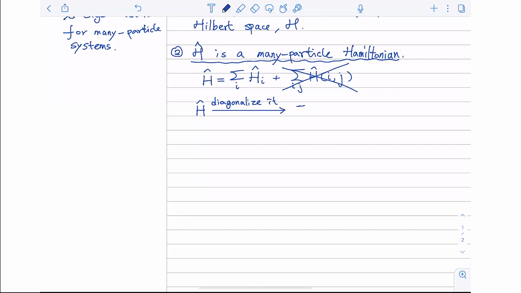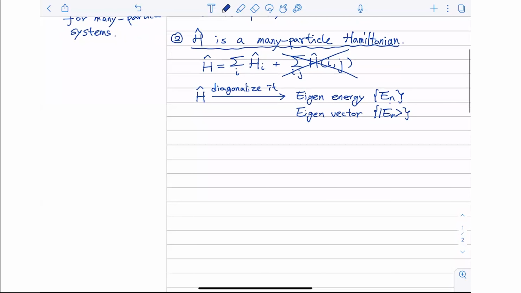One is the eigenenergy, E_n, and here n just labels the corresponding eigenenergy. And you will also get the eigenvector, basically the corresponding eigenvector. I'll use this ket notation. I think you should be familiar with it because that's the standard notation people use in quantum mechanics.